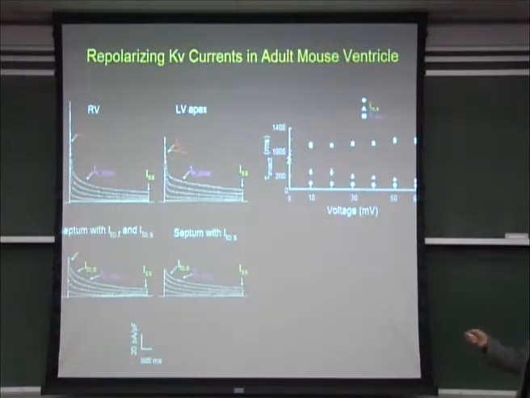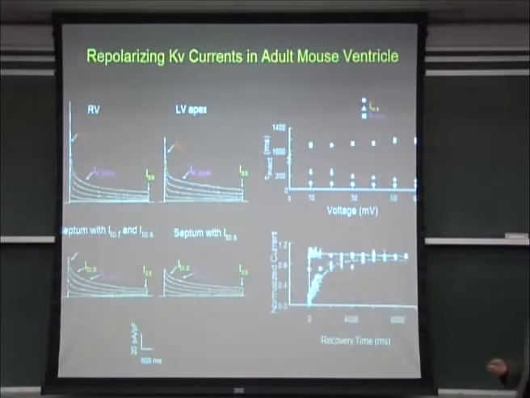And then the slow delayed rectifier type currents are much slower to inactivate. The properties of these currents are identical throughout the ventricular myocardium. So the kinetics of ITO fast in the right ventricle, in the apex, at the base of the left ventricle, and in the interventricular septum where it is expressed are indistinguishable.